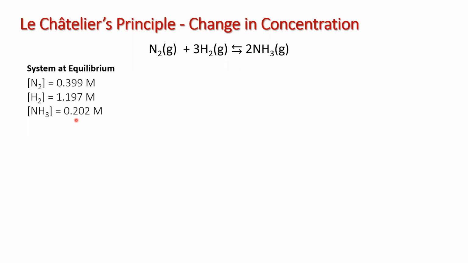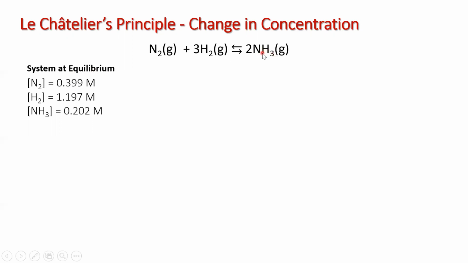The first thing we want to do is calculate K. And the reason we're calculating K and not Q is because it tells us the system's at equilibrium. So I'm going to give you a couple of minutes, write your equilibrium expression.